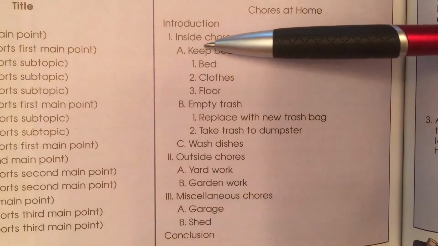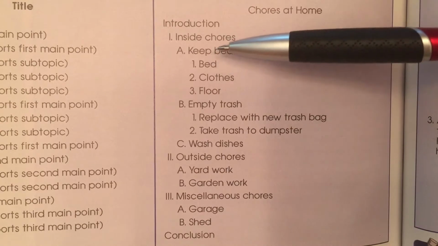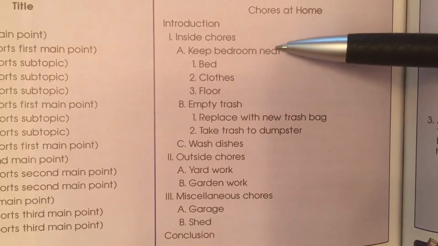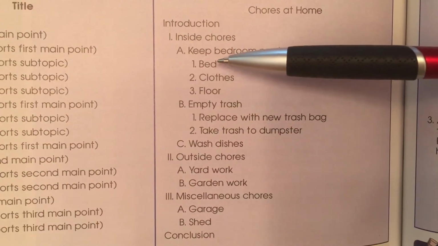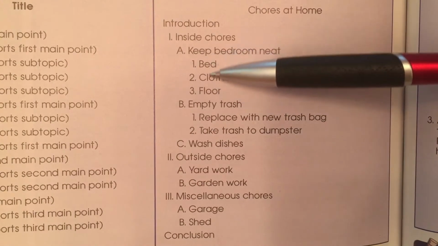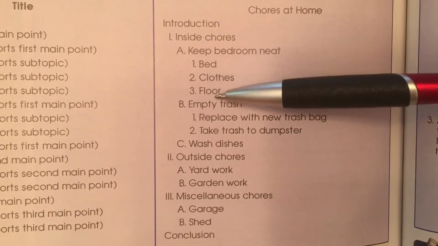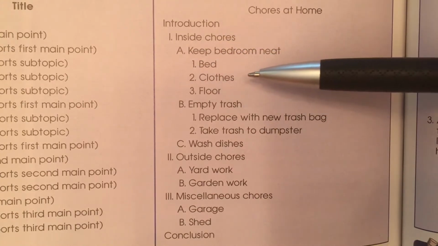Okay. Now let's look under the subtopic A under main idea 1. Subtopic A, keep bedroom neat. Then they're going to have details about the bed, clothes, and floor. So all of the details under subtopic A have to have parallel form, and these do. These are all nouns. Noun, noun, noun.